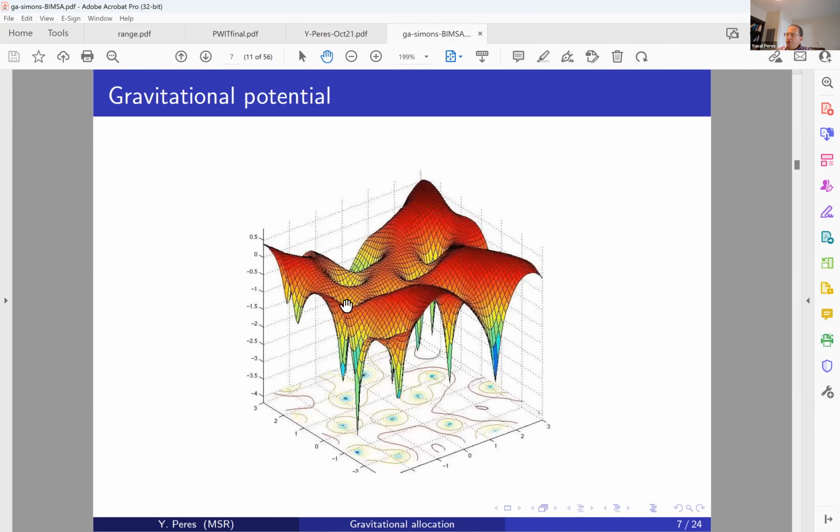This is the picture of a small piece of the gravitational potential. It has value minus infinity at the stars. You can think of the process as putting a pebble anywhere and seeing where it will roll into. That tells you the basin of attraction of each of these singularities or stars.